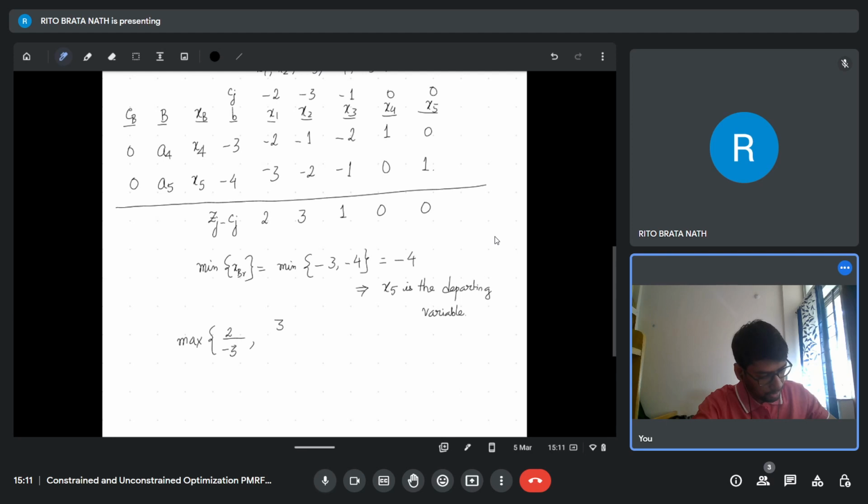The next one is 3 divided by minus 2 and the other one is 1 divided by minus 1. So since all are negative coefficients, that's why you have taken all three here. And the rest is the 0, so you don't care about it. So the maximum of all this will be minus 2 by 3, which corresponds to x1 column. So right, that means x1 is the entering variable.